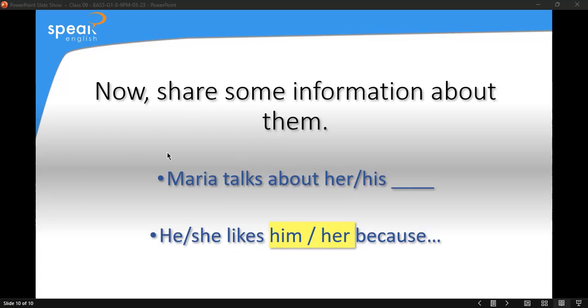For example, you can tell me, Alejandra, I don't know, Maria talks about her sister. She likes her sister because, and then you tell me. Alex, you may say, Edgar talks about his brother. He likes his brother because, and then you share the information, okay? So Alejandra, what can you tell me about the people that you listened to?